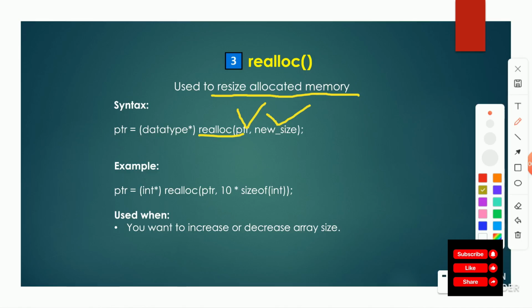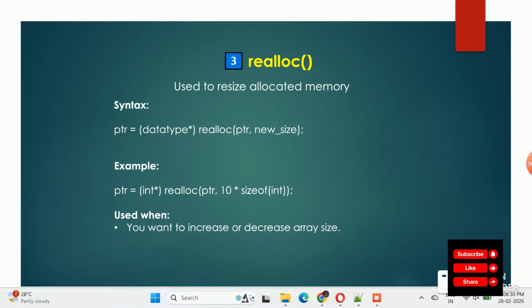For example, the new size will be 10 times the size, so whatever the existing dynamic memory allocation is, we can define it with the new size of elements. So you can increase or decrease the size of the array; that time we can use it to resize the allocated memory.